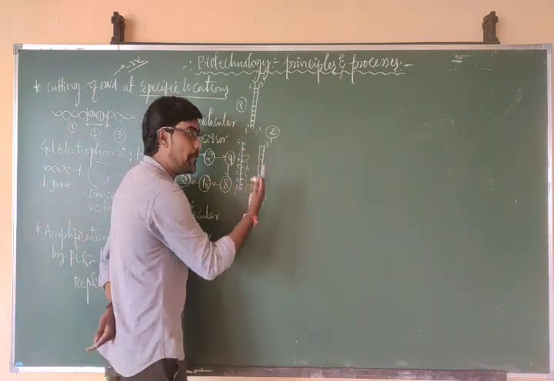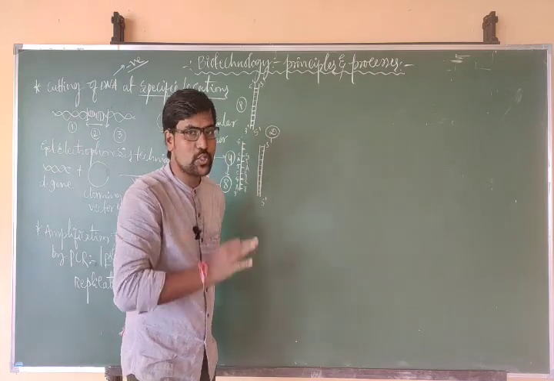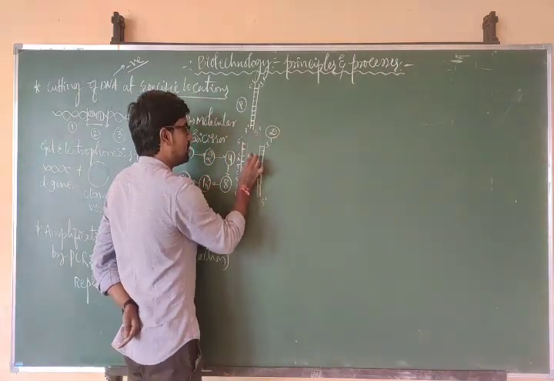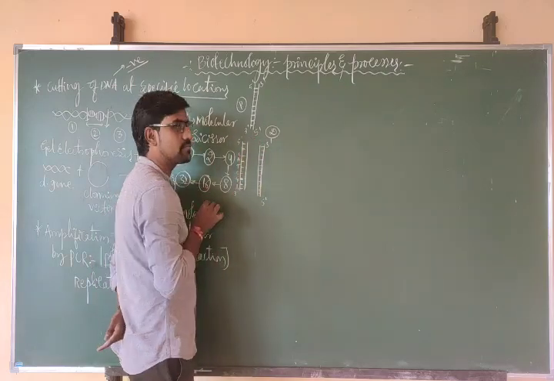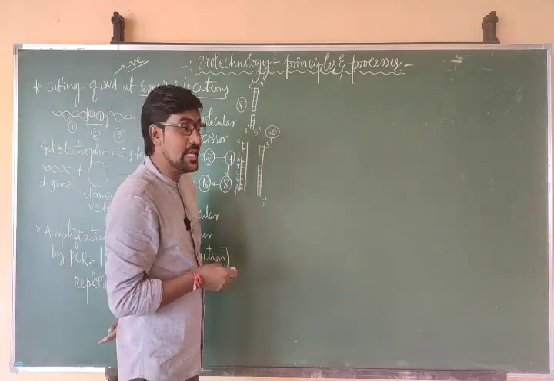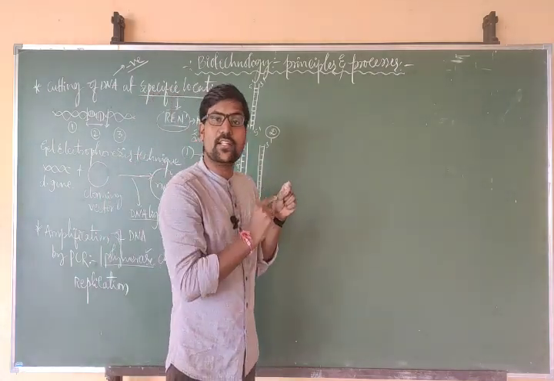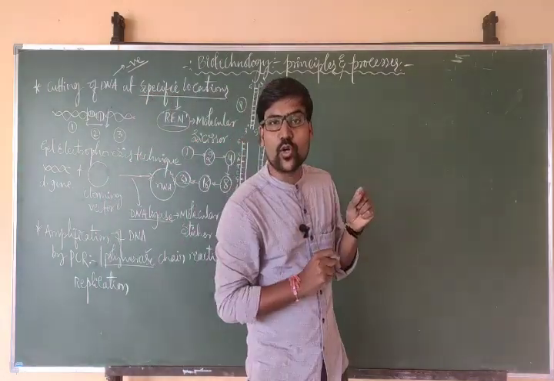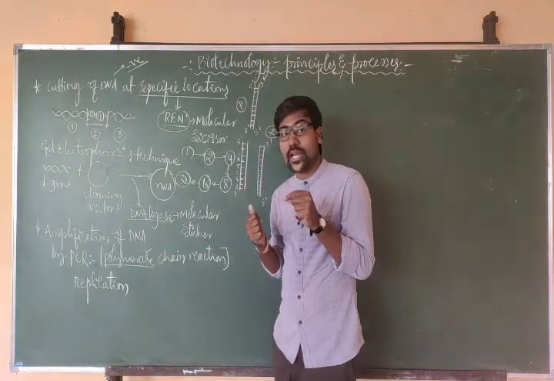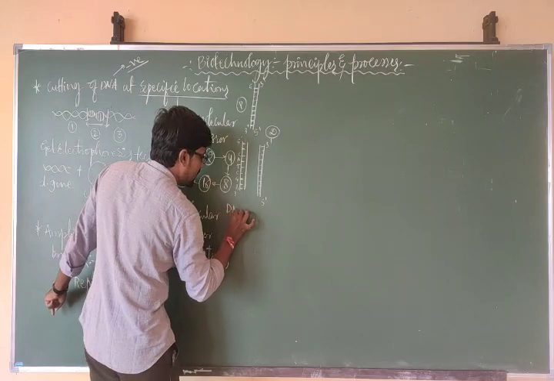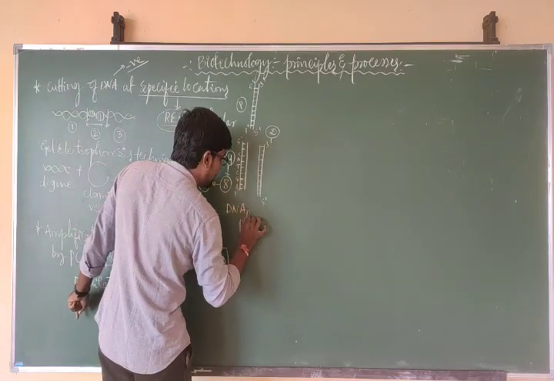Step by step, complementary nucleotides should be joined. After joining, this total becomes one new strand. That means someone has to join the nucleotides. Who will join the nucleotides? DNA polymerase. Which enzyme? DNA polymerase.